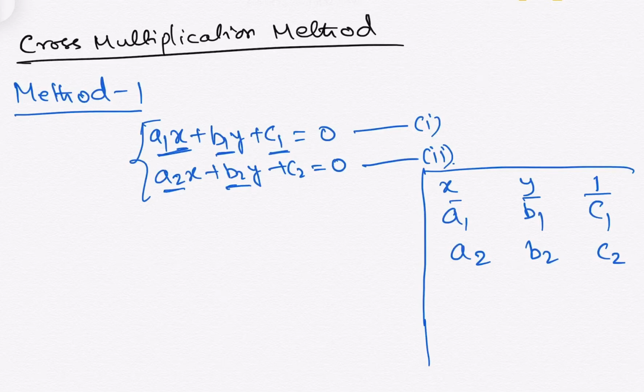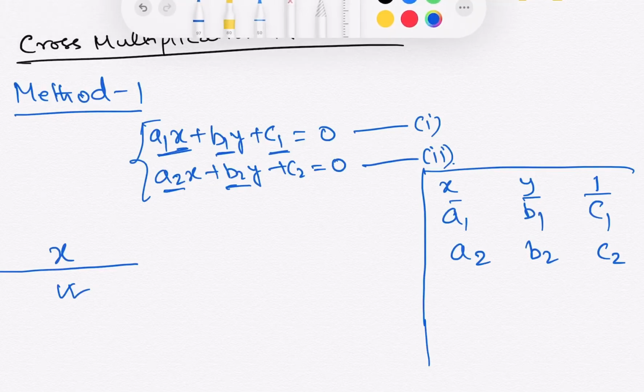In this method, you write first x, then divided by. Now in this denominator portion, you write the relevant coefficients.